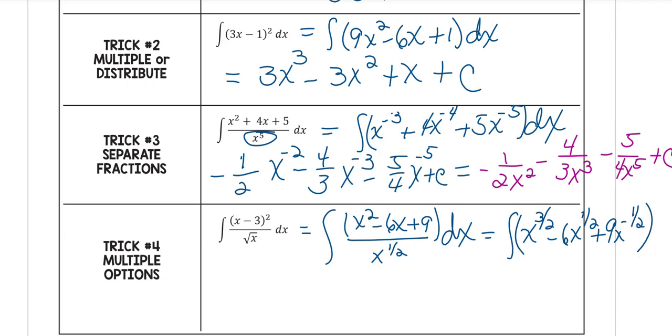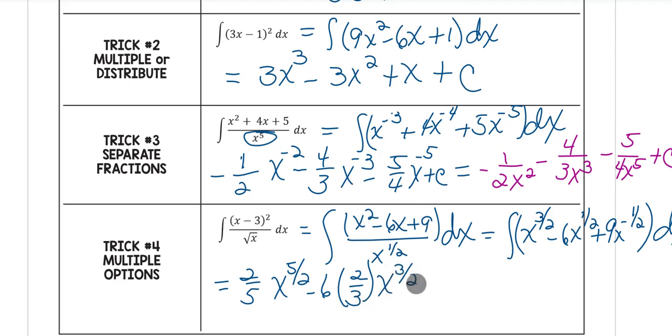And now we can find the antiderivative, and we get 2/5 x to the 5/2 minus 6 times, and then we'd have the 2/3 x to the 3/2, minus, I'm sorry, that would be plus 9 times 2x to the 1/2 plus c.